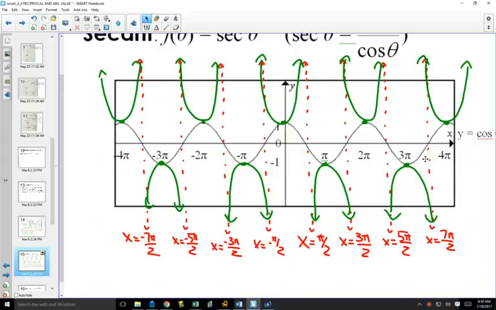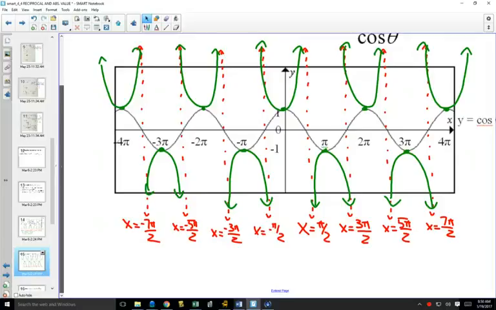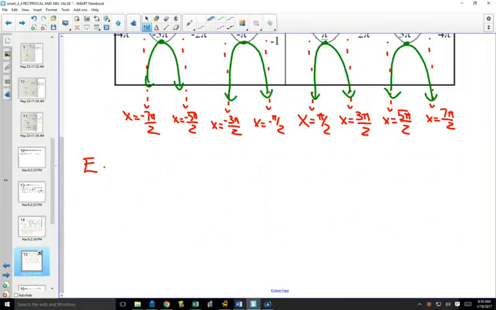How did you do with the graphing? So now, everywhere where we have an asymptote is the same as one of our zeros of cos. So if we wanted to write all of those equations of all of those asymptotes, do we remember how we wrote the zeros of cos? x equals.